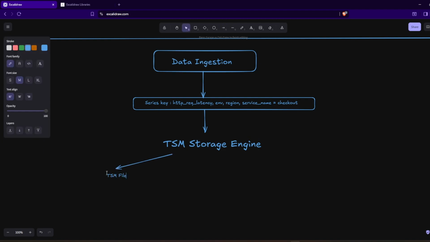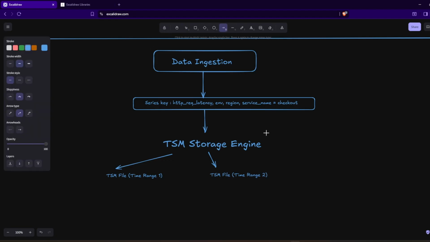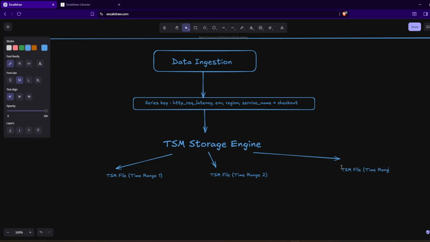Those TSM files will be of a certain time range one, suppose. Okay. So in a similar manner, it will go to TSM file 2, that will be again time range 2, and also there will be another TSM file that is on the time range 3.